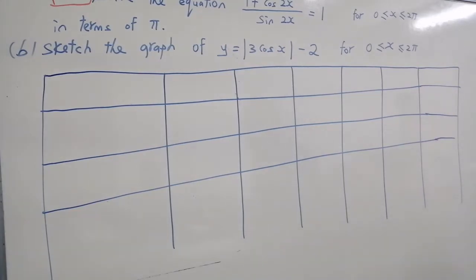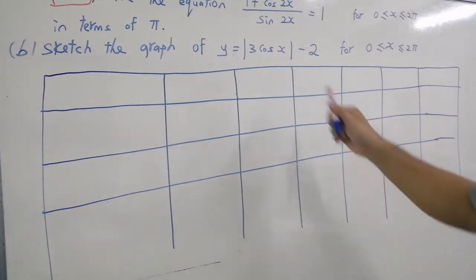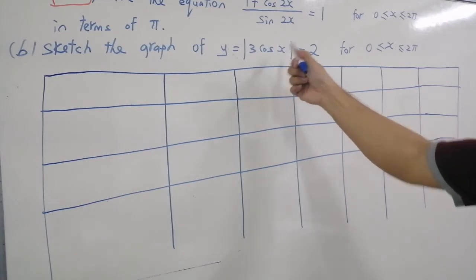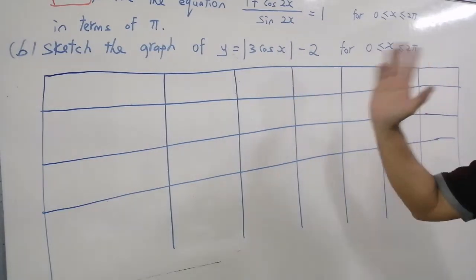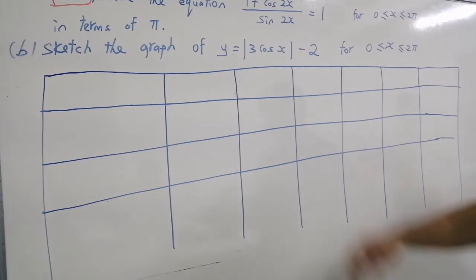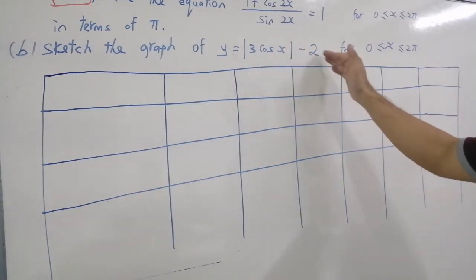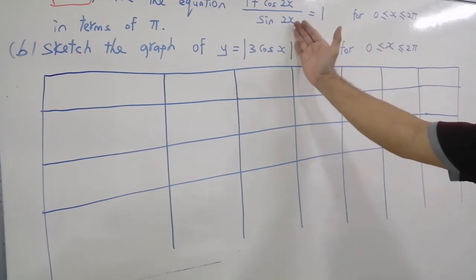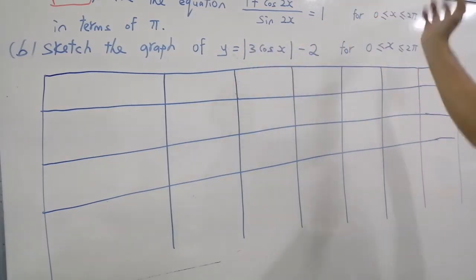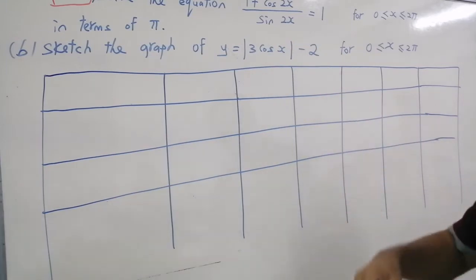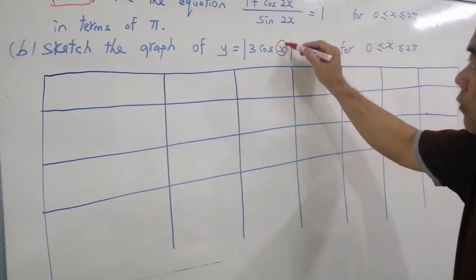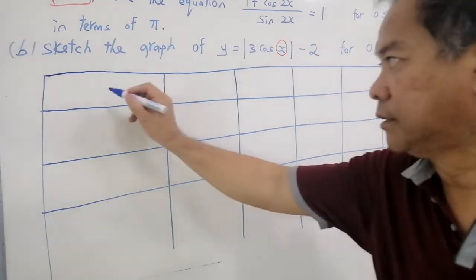So first one, I put the x here. Can you see? I can see the axis now. So when you want to draw your table here, you start with the equation first. Don't see the fixed value, the constant value first. You see this one, modulus. So at the most right hand side, can you see the x here? So I start with x.